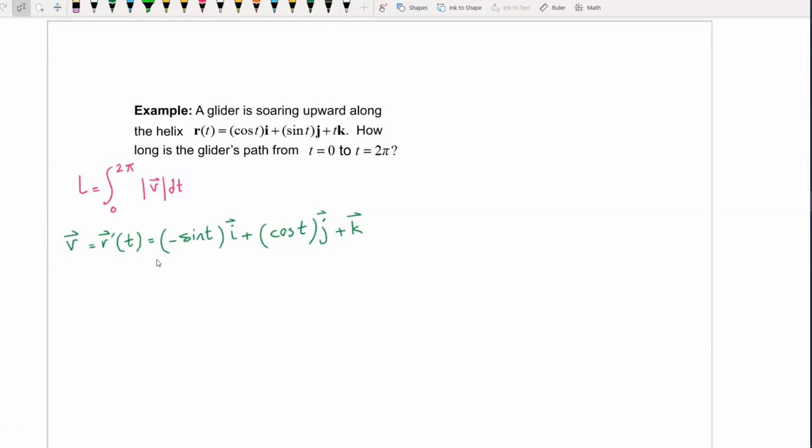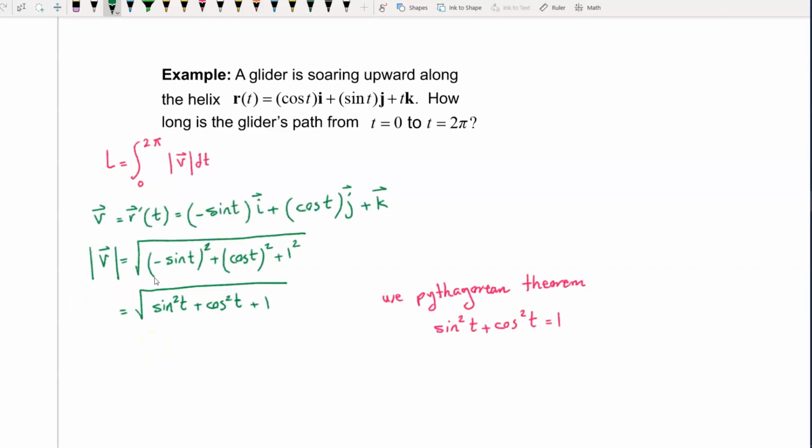And now finding the length of v, which is equal to the square root of the sum of the squares of the components of the velocity vector. So here we have the square root of negative sine squared plus cosine squared plus 1 squared.